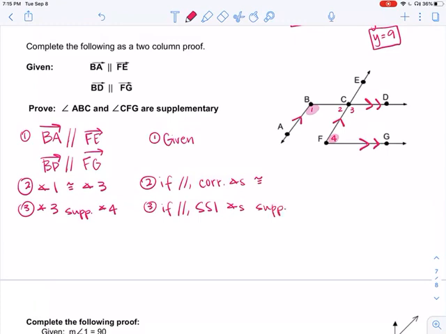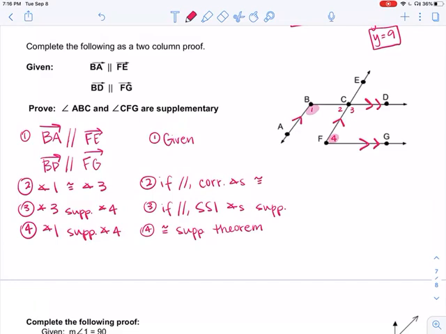So here's where we're going to use that congruent supplements theorem. Step number 4. Angle 1 is supplementary to angle 4. That is our congruent supplements theorem. Remember that you can math this out.